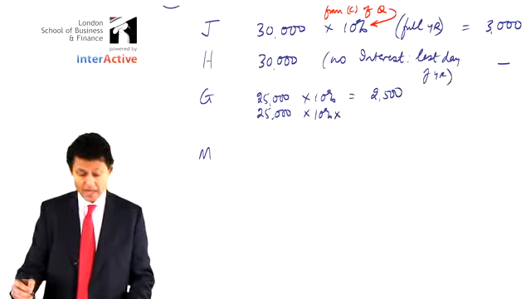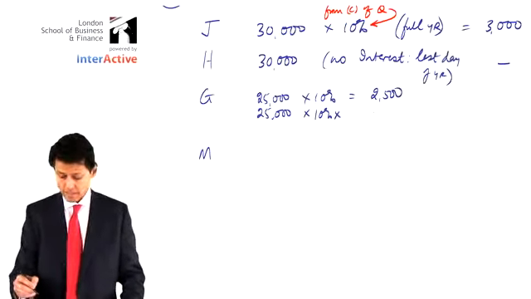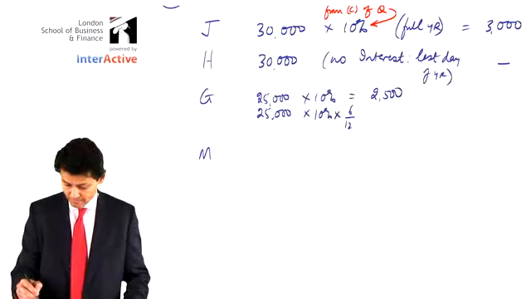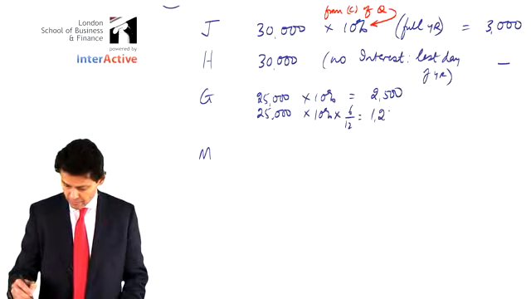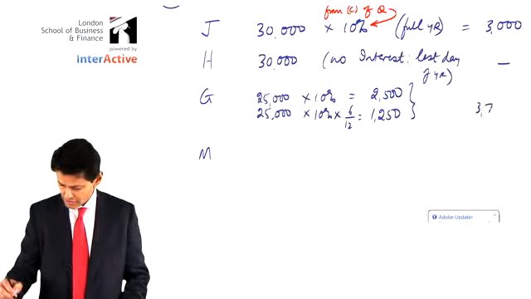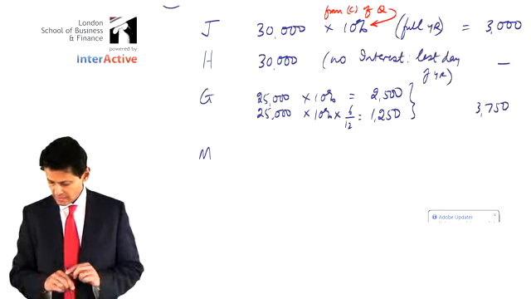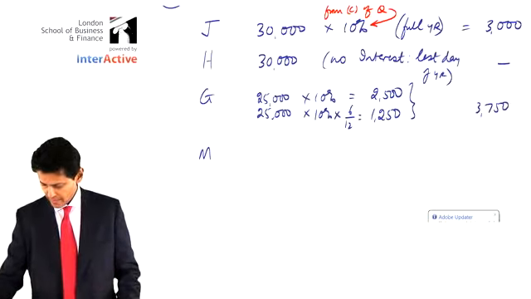So if I'm counting from January the 1st to the 30th of June, I suppose this is 6 months, isn't it? So that is a figure of 1250. So if you added that up, eventually it's 3750 that turns up there.